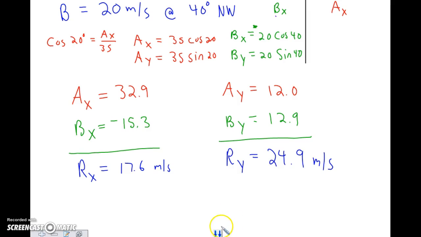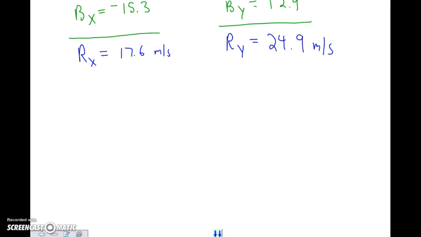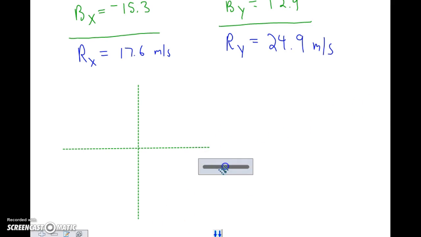Now is where we'll apply the head to tail method, and I'm going to draw a rough XY coordinate system, not to scale, just to show you graphically what these represent. So here's my XY, and let me get a solid line for the vectors themselves.